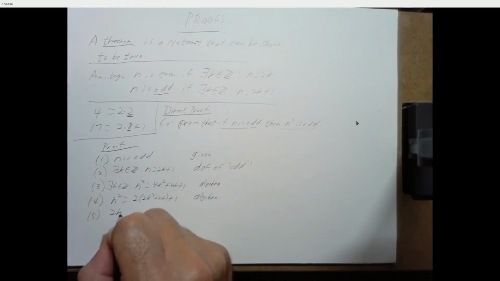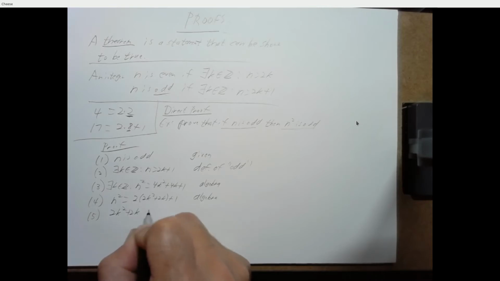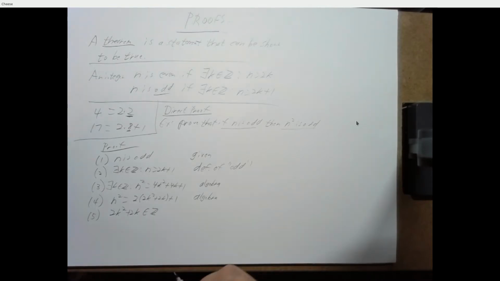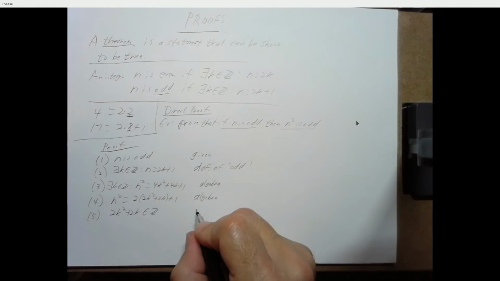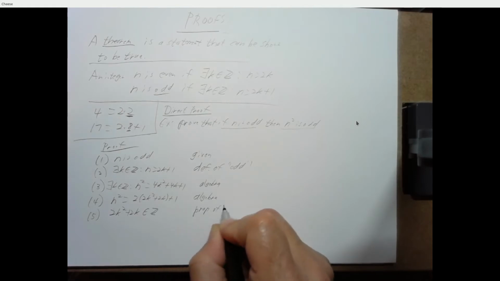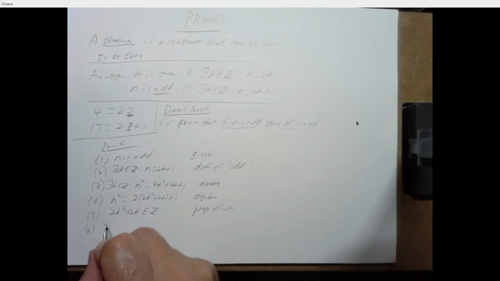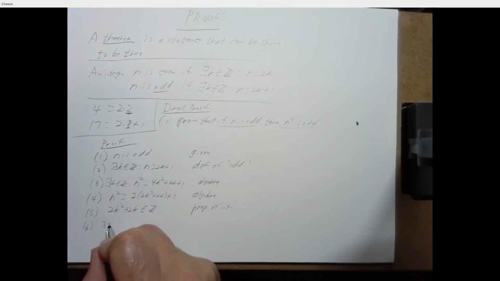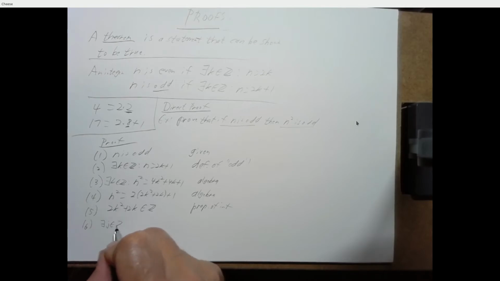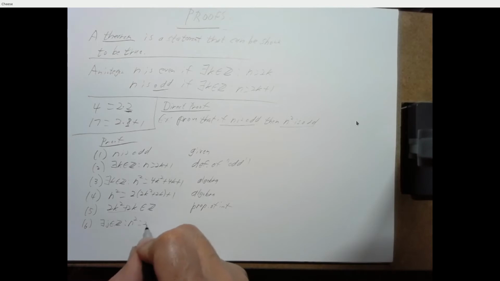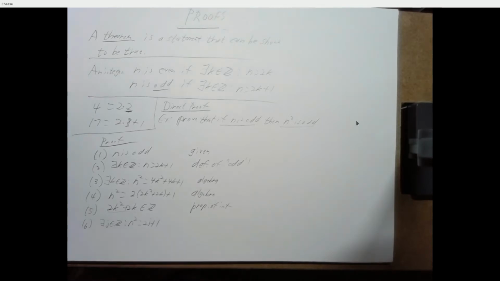And then 2k squared plus 2k is an integer. Okay, and that's just properties of integers. And so we know that there exists some j, which is an integer, namely this thing, such that n squared equals 2 times j plus 1.